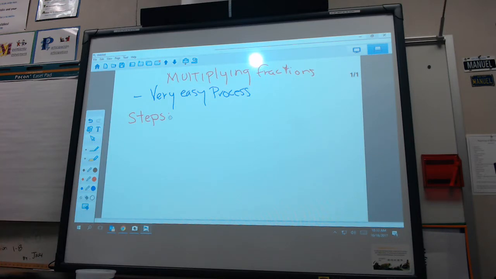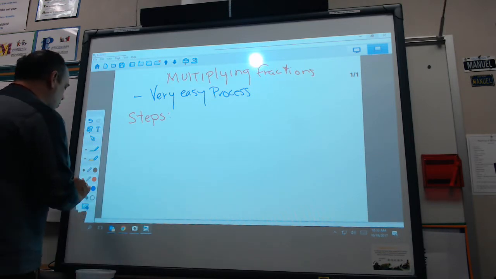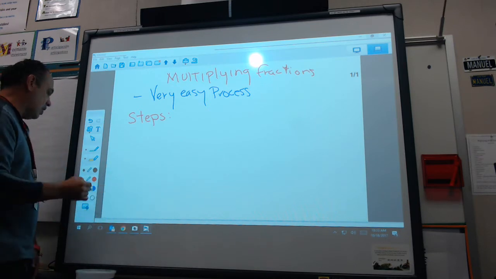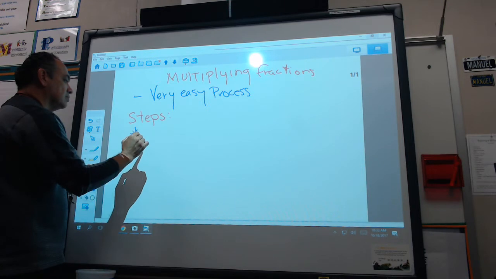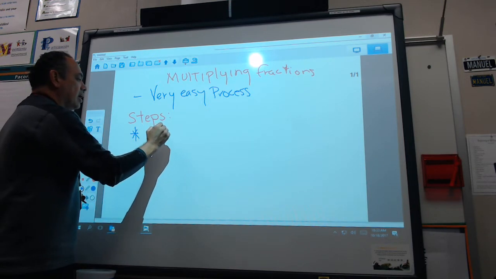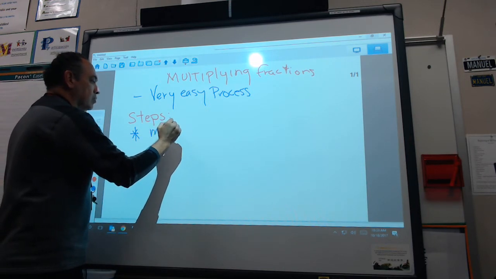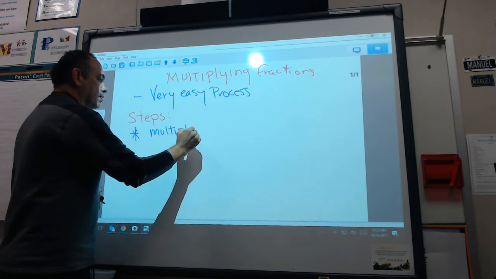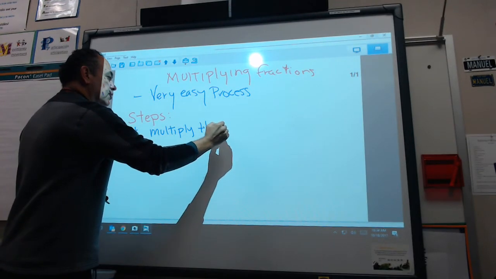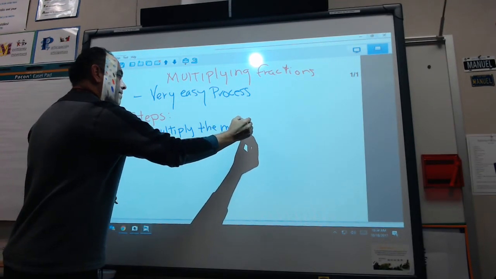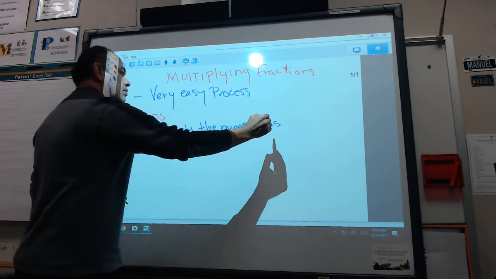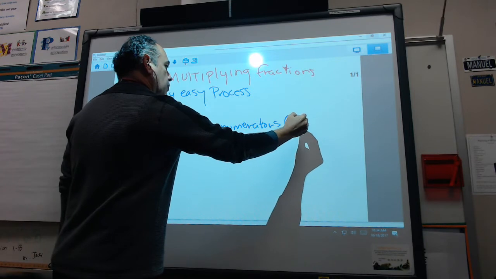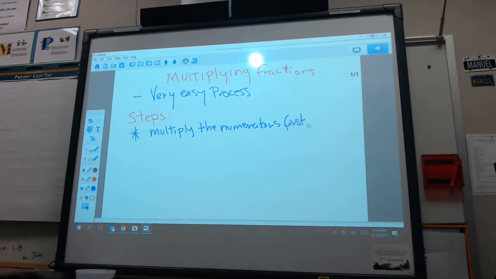All right, so very easy steps. Step number one, or step A, or whatever you want to call it: you need to multiply the numerator first.